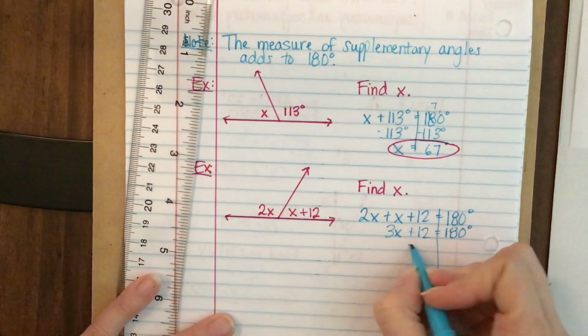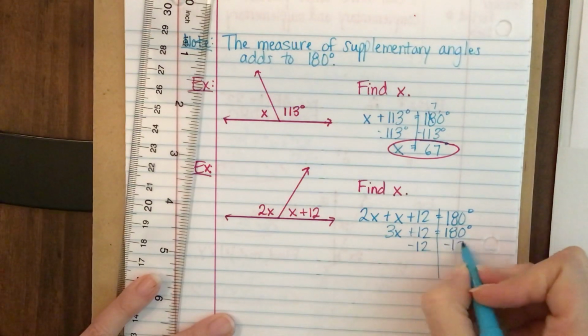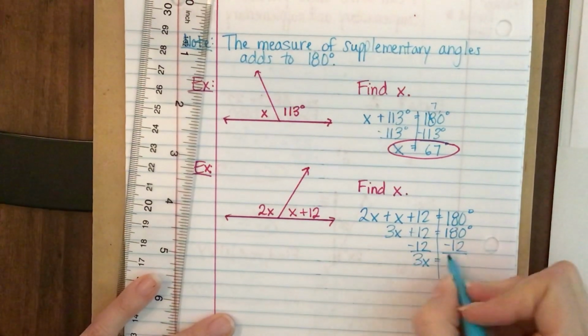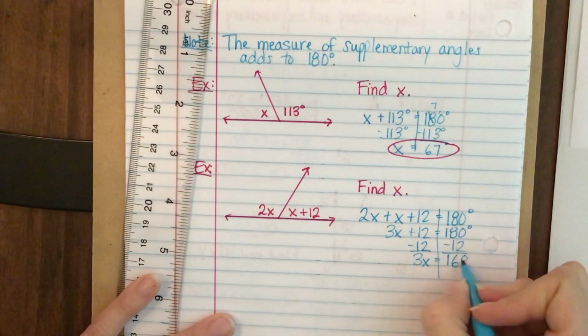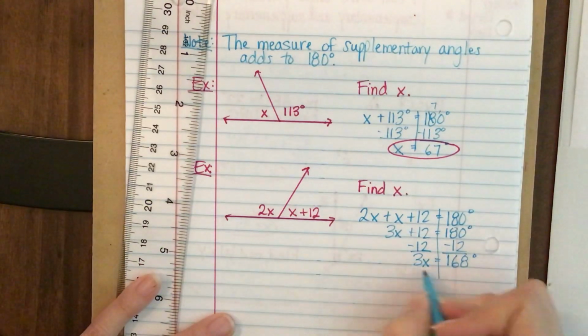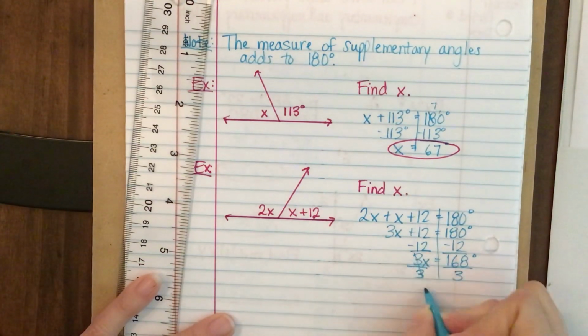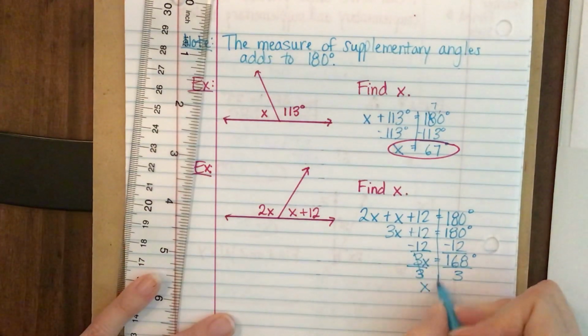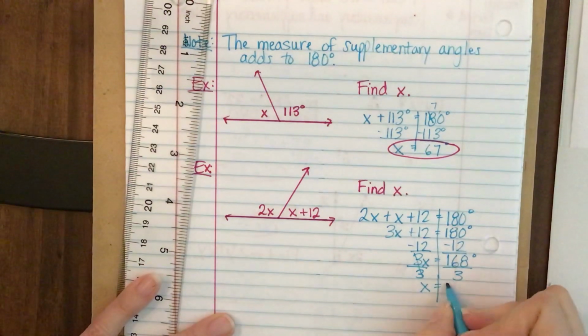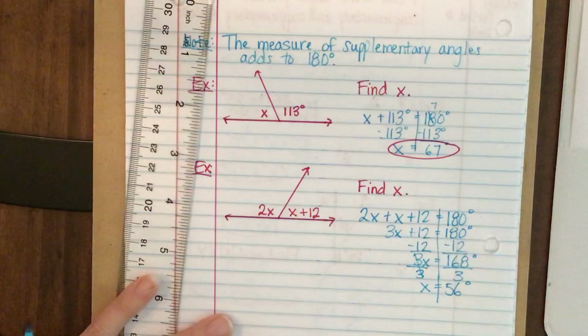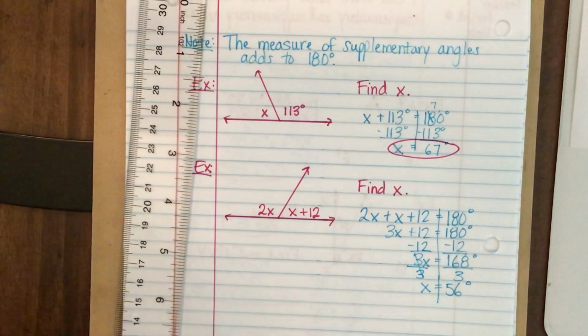Then I'm going to subtract 12 from both sides. And we get 3x is equal to 168 degrees. Then I'm going to divide both sides by 3. And I get that x is equal to 56 degrees.